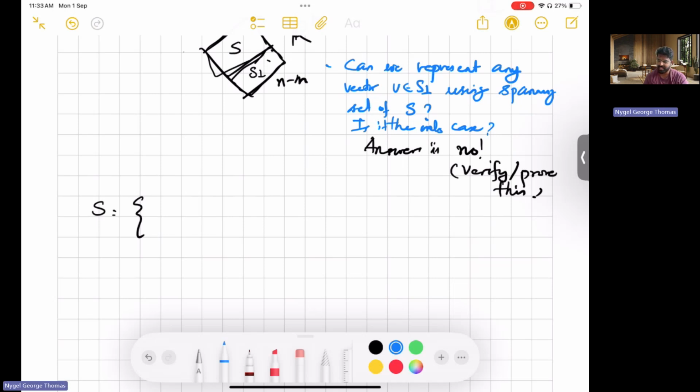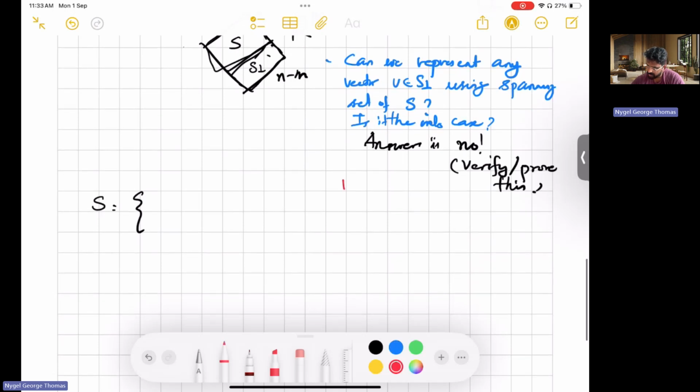More questions. We can discuss this in some other lecture. What if they are just independent?